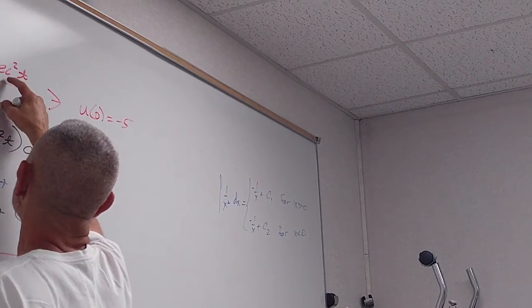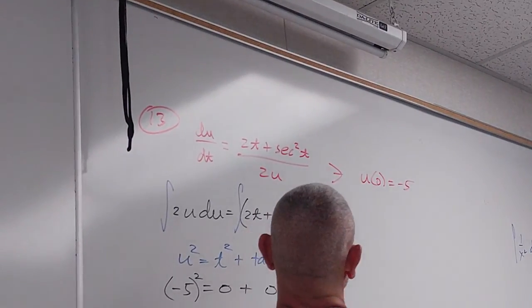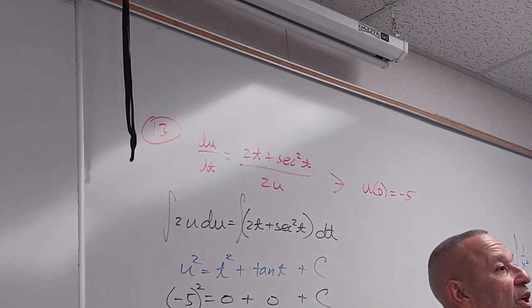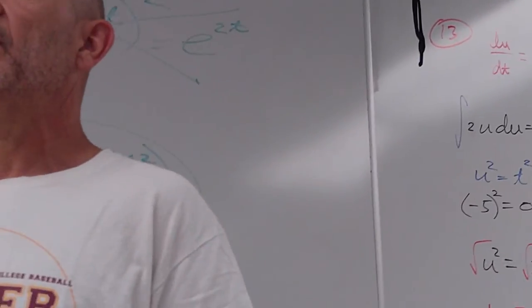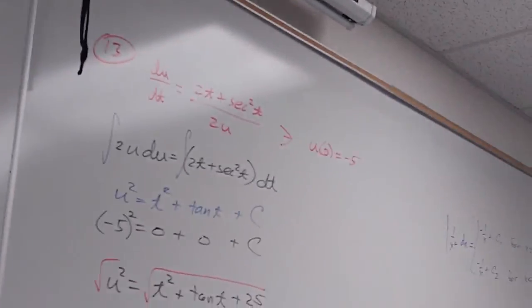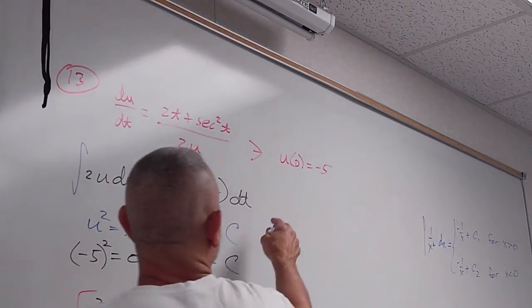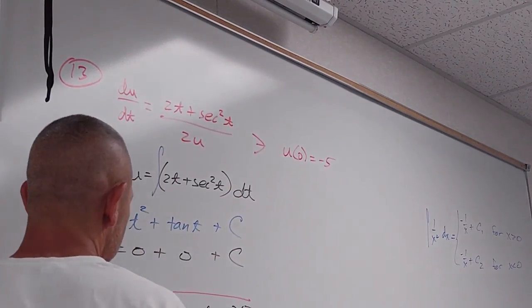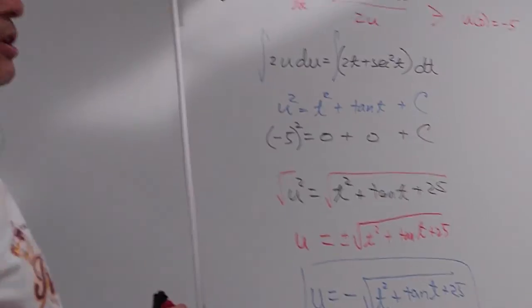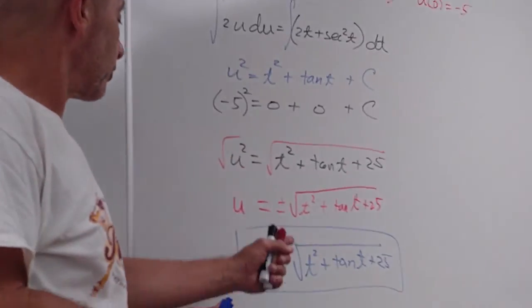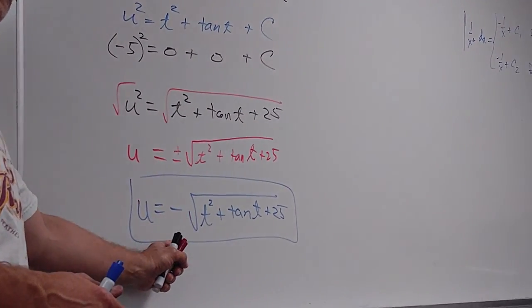After all, this one is in an infinite number of pieces. The secant squared t has vertical asymptotes everywhere you look. So they have to give us an initial condition in order to eliminate the plus or minus. And in this case, they said, guess what? u is negative. So I don't want the plus. I want the minus.